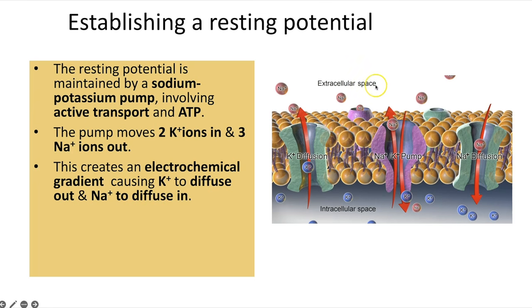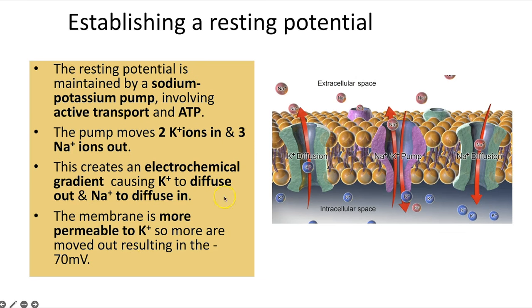And as a result of those electrochemical gradients, potassium ions will diffuse out of the cell through these channel proteins, and sodium ions will diffuse into the cell through their channel proteins. However, there are more potassium ion channels than there are sodium ion channels, so we say that the membrane is more permeable to potassium ions.